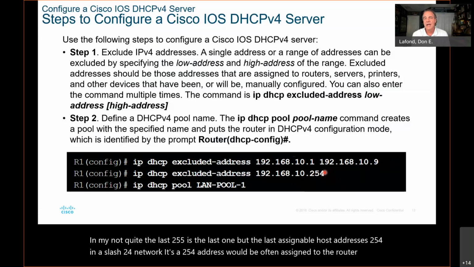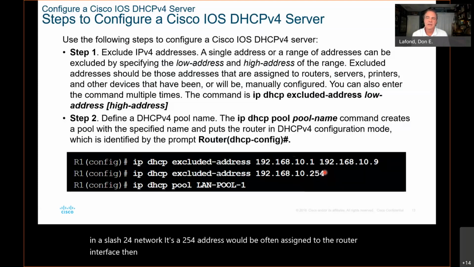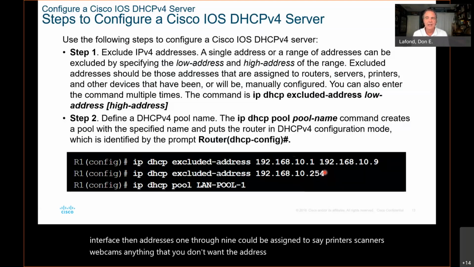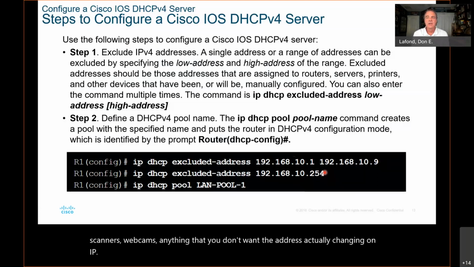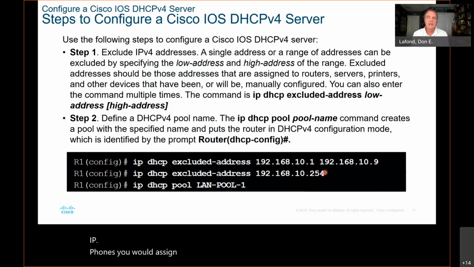Then addresses 1 through 9 could be assigned to, say, printers, scanners, webcams, IP phones, anything that you don't want the address changing on. You would assign a static address. That way, that address can be remotely accessed.